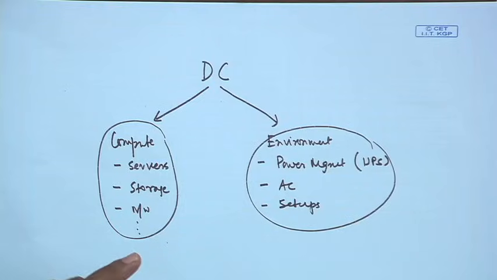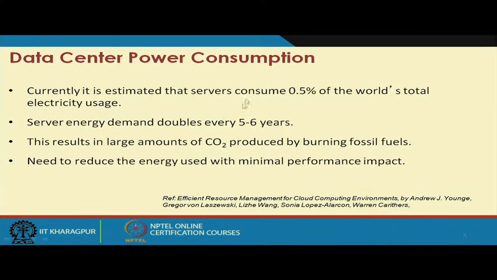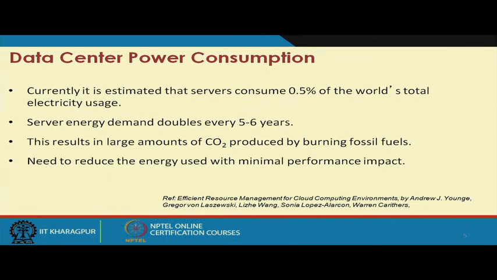So, it is not only the servers, the consumption by the other logistic units is equally high. When we talk about data centers, it is 0.5% of the world's total use. If you make provision for other things, it may go above 1%, and this is some data reported in some places, but it may be much higher.